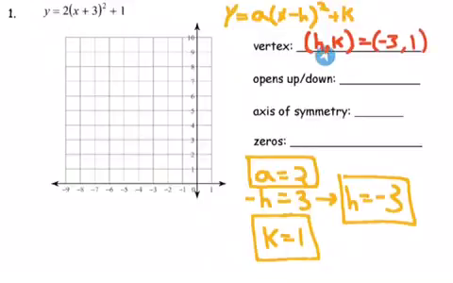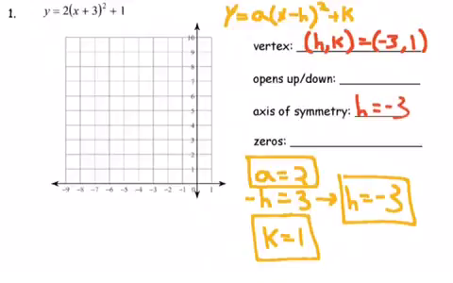It's always just going to be (h, k). Now, finding the axis of symmetry is also very easy. The axis of symmetry is always going to be x equals h. So our axis of symmetry is x equals h, which in this case is negative 3.